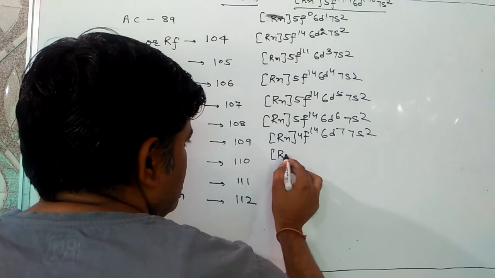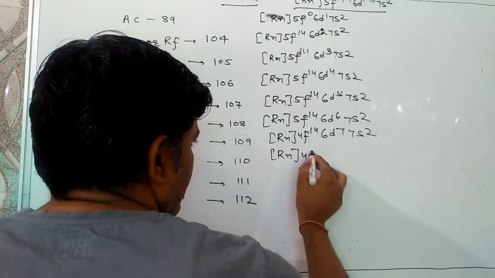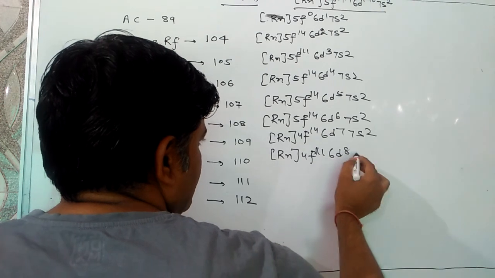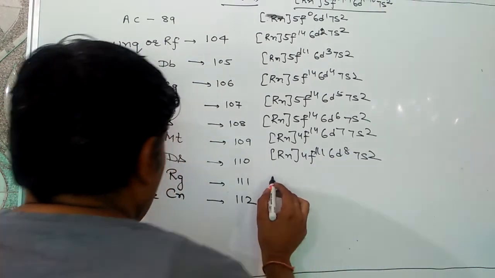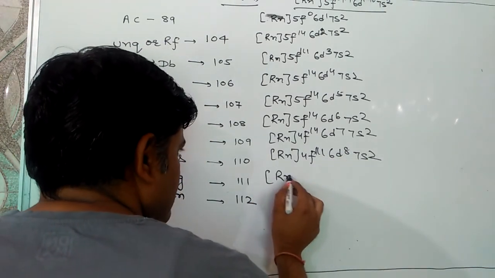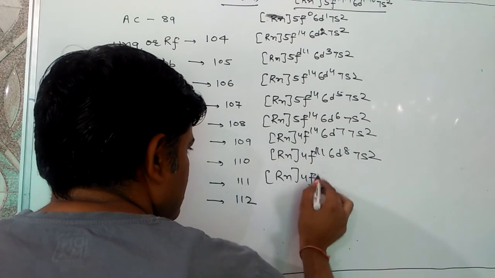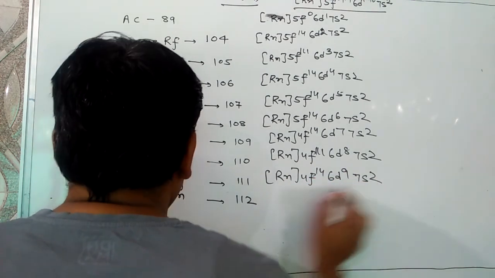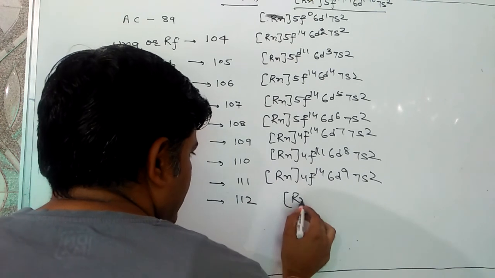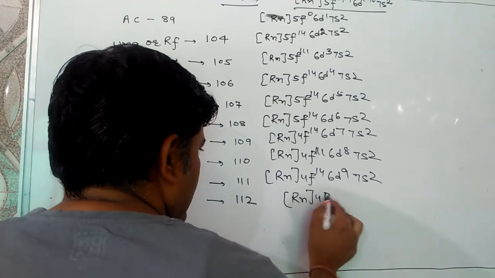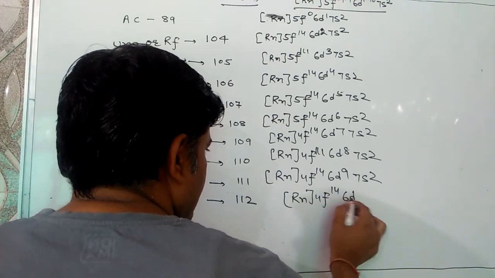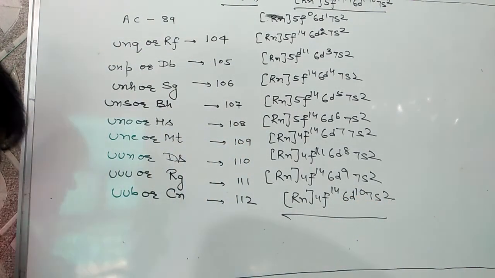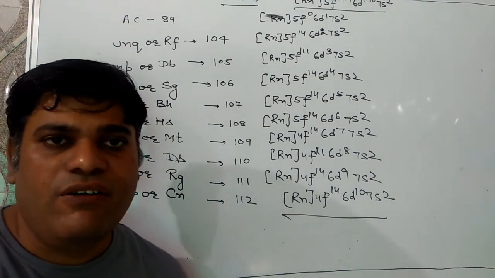Next, radon 5f14, 6d8, 7s2. For the next, radon 5f14, 6d9, 7s2. And for copernicium, radon 5f14, 6d10, 7s2. In this series, there is no exceptional electronic configuration.